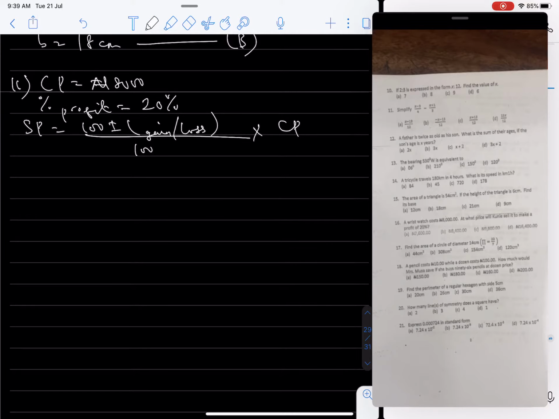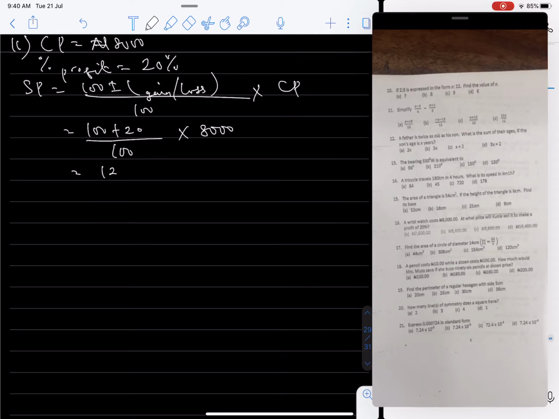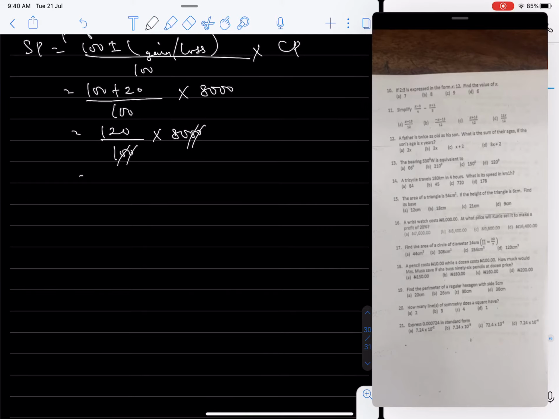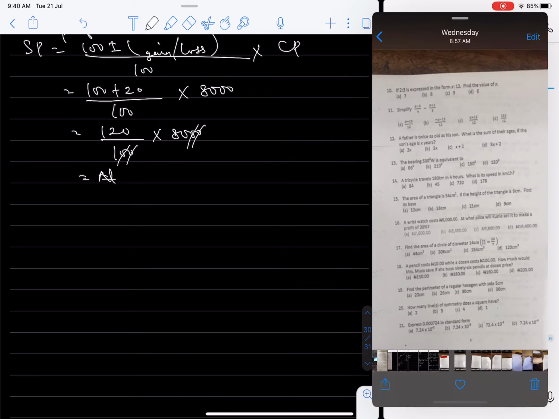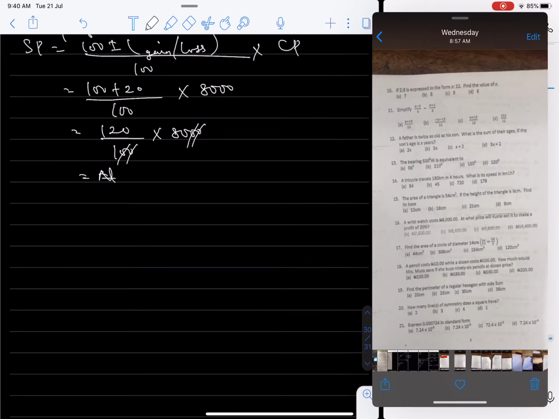we're going to add that to 100, so that means 100 plus 20 over 100 times cost price, which is 8,000, and that means 120 over 100 times 8,000. 0 cancel 0, 0 cancel 0, and we have 120 times 80, and that's 9,600.